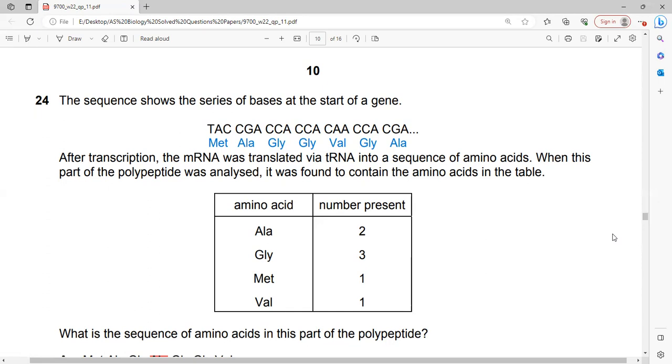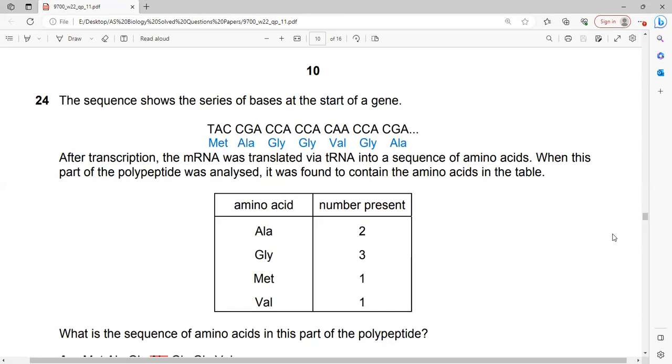Now, this DNA sequence is given, but we shall arrange it according to the key mentioned here. The key says alanine should be 2, glycine should be 3, methionine is 1, and valine is 1. So these triplet codons are there, and we need to see which triplet codon is coming one time.